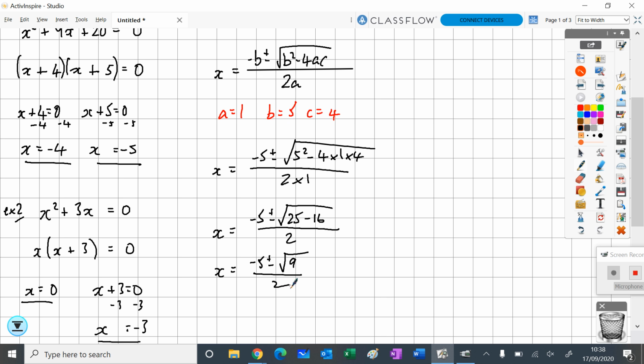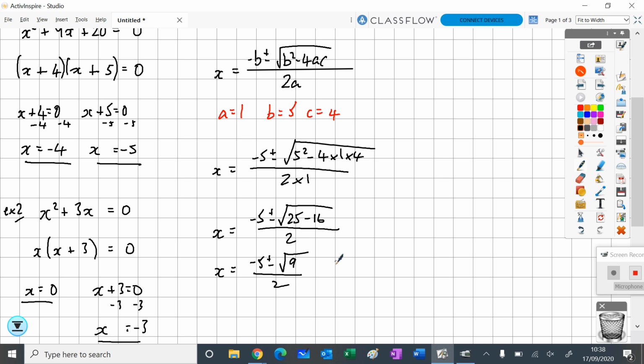It's worthwhile just taking a moment to comment on this square root of 9. The contents of the square root, b squared minus 4ac, is known as the discriminant. I'm not going to discuss it in detail here, but it's important that you understand all the different things that the discriminant can tell you.